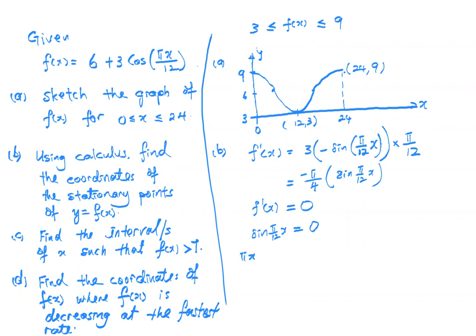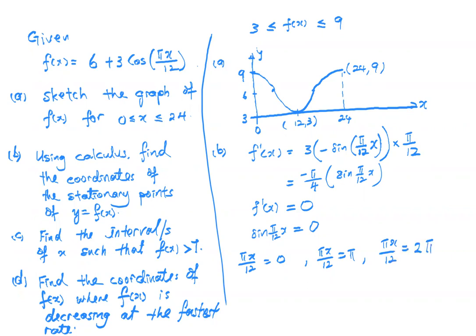Pi x over 12 equal to 0. Pi x over 12 equal to, what is the next one? Pi. Pi x over 12 equal to 2 pi.